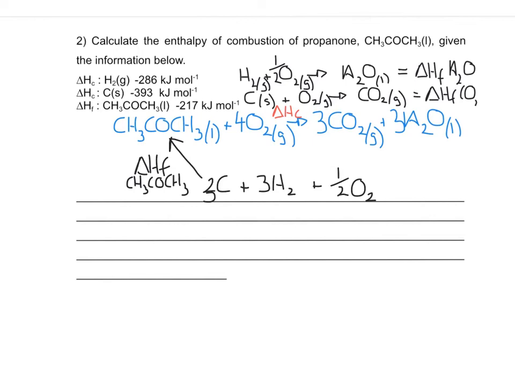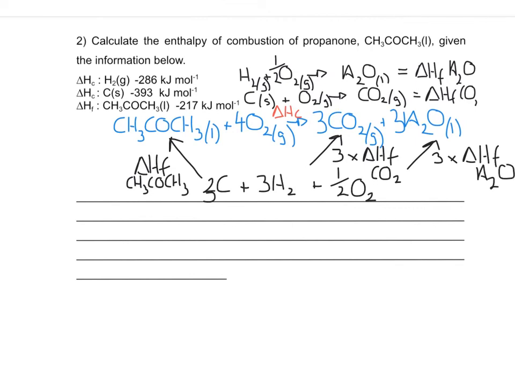We don't need to form oxygen because it's an element. Then we can use 3 carbons and 6 oxygens to form 3 carbon dioxides. So we've got 3 times the delta HF of carbon dioxide. Then we have got 3 times the delta HF of water.